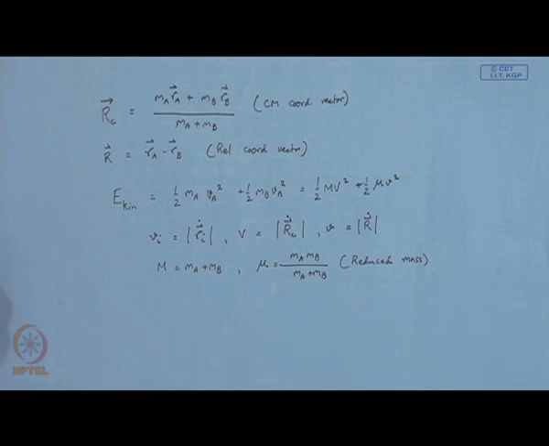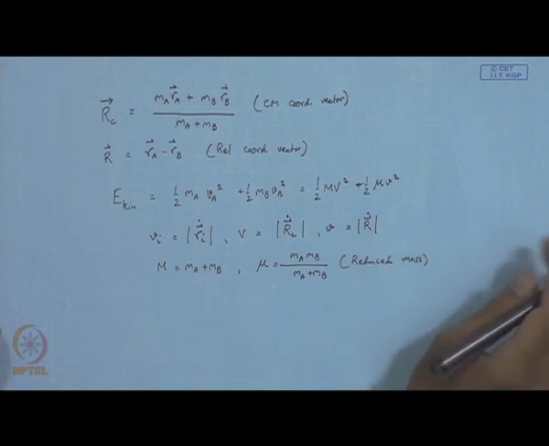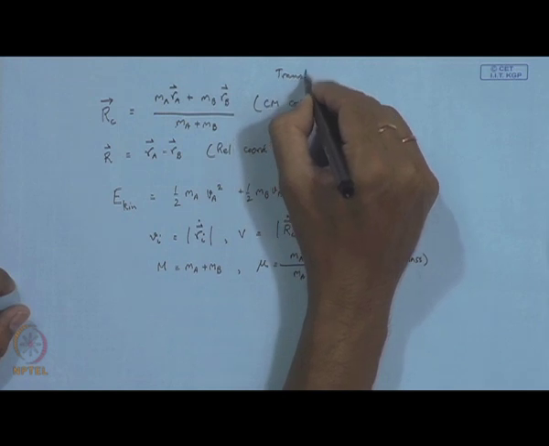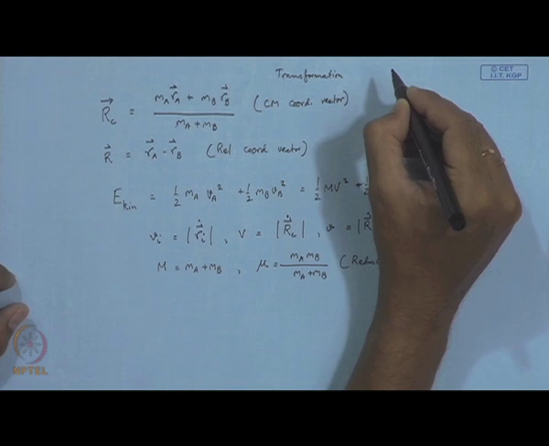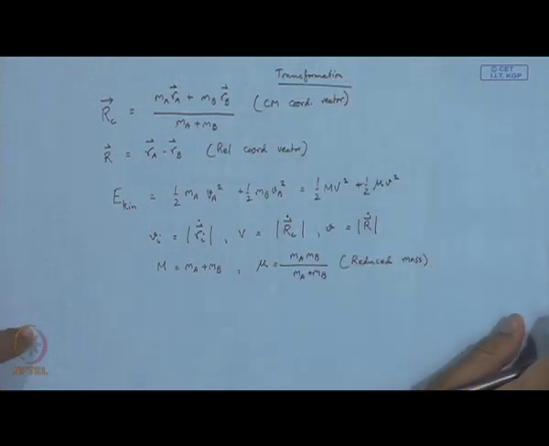Therefore, using this concept you have to transform data from the laboratory frame to the center of mass frame. Okay, so this is the transformation. You have to transform using this concept.